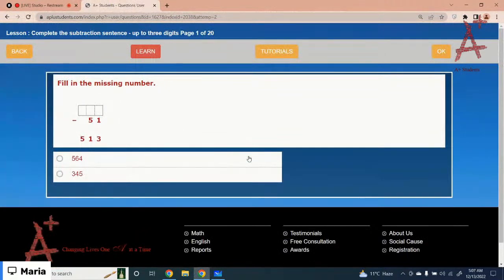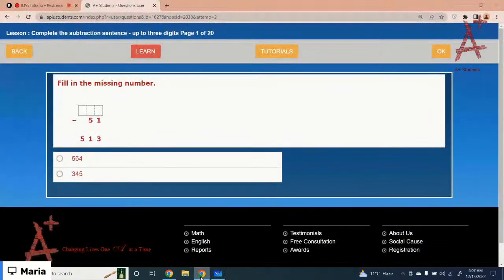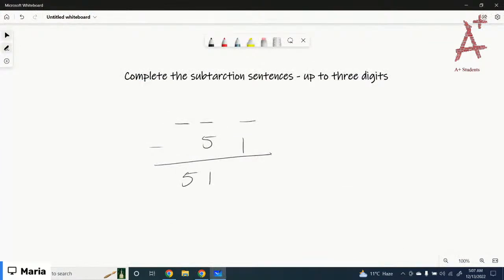The missing number subtract 51 equals 513. So you have to find the missing number, that when subtracted by 51, the answer is 513. We know that the opposite of subtraction is addition.